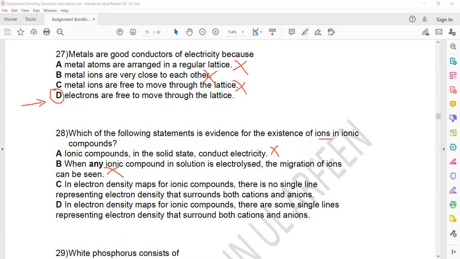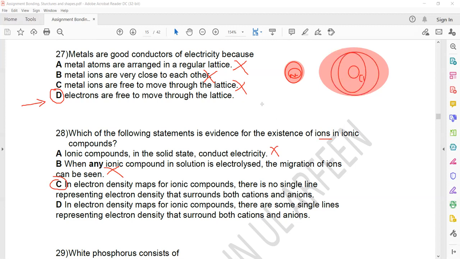In an electron density map of an ionic compound, there is no single line representing the electron density of both ions. That's right, because in an electron density map we use separate lines. If I say sodium chloride, the lines of the sodium ion and the lines of the chloride ion will be separated from each other.